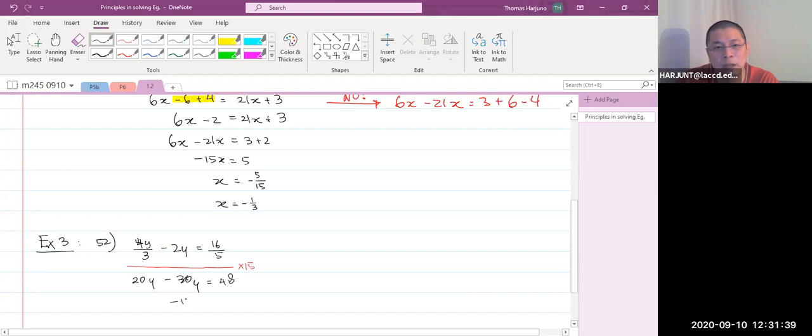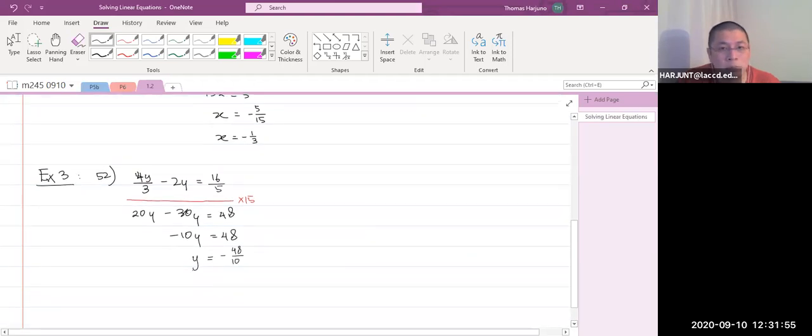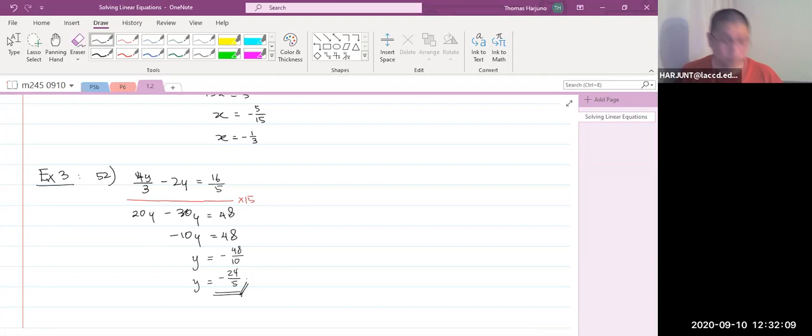So negative 10y equals 48. So y equals negative 48 over 10. I can reduce by 2. That's negative 24 over 5.